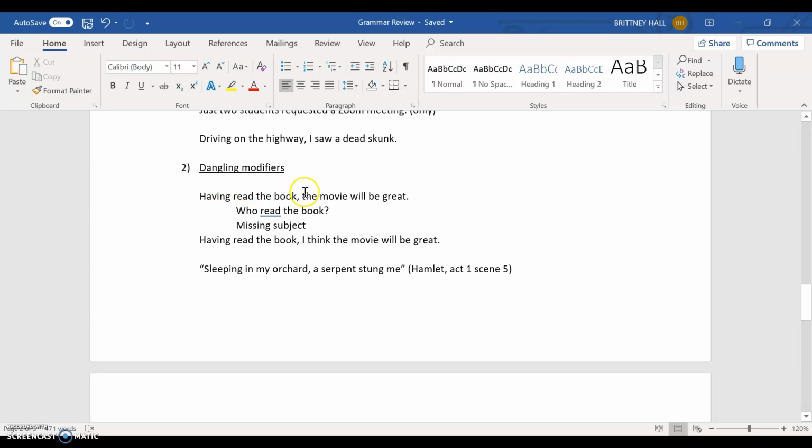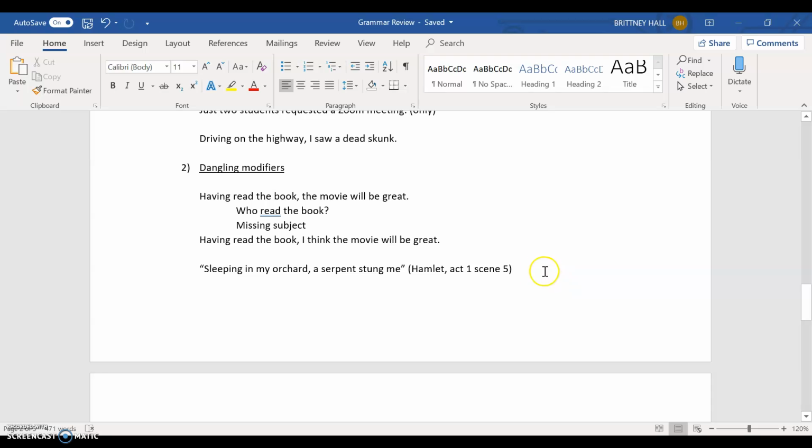"Having read the book, the movie will be great." If I see this, I'm going to ask, who read the book? Now I can assume that it's whoever wrote the sentence. It's kind of implied. But the subject is missing. We need to add the subject into the sentence in order for it to be complete and so that the modifier is not dangling. "Having read the book, I think the movie will be great."